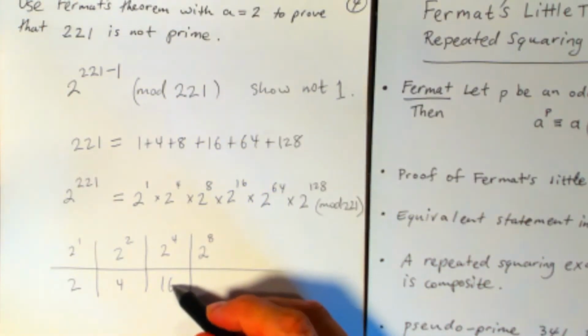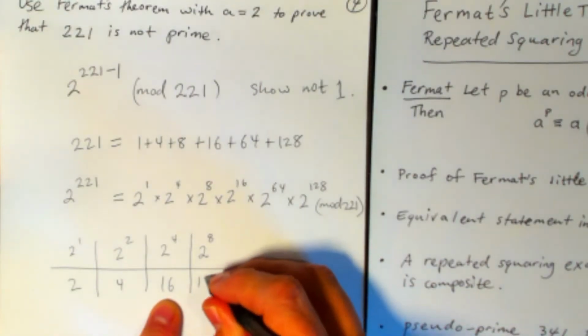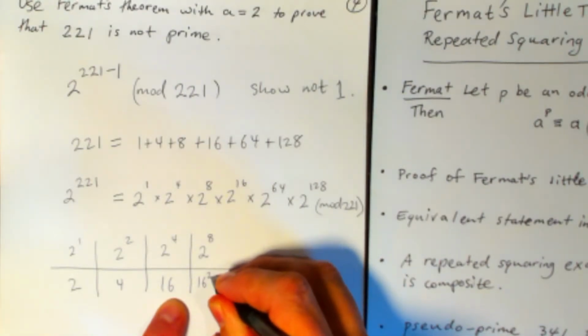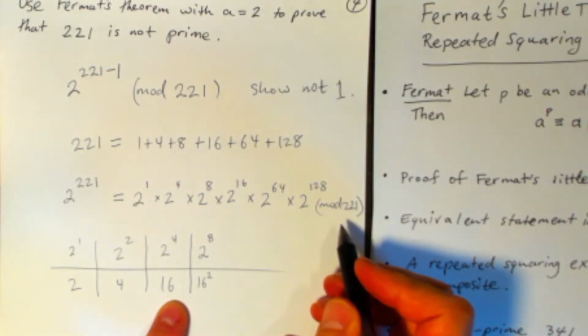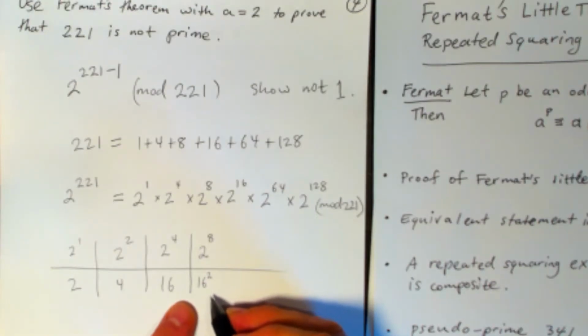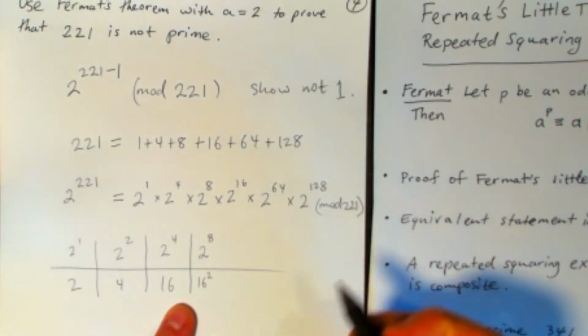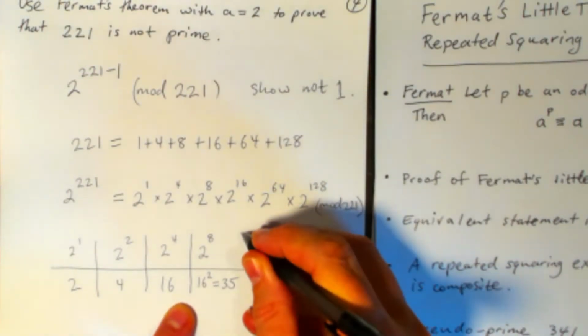So what we do here is we just square 16, right? So 16 squared, and we're working modulo 221, but when we square this, we get 256, which is 35 more than 221. So we say that this is 35.